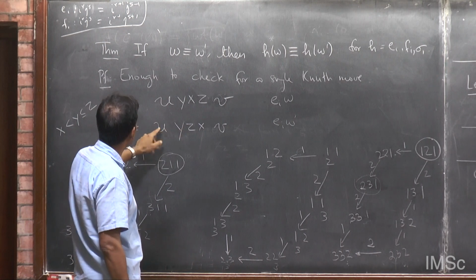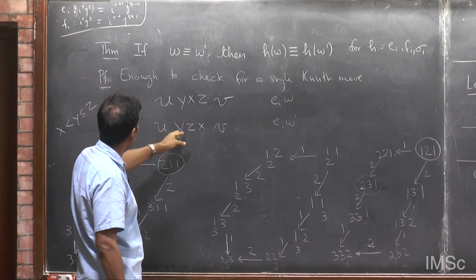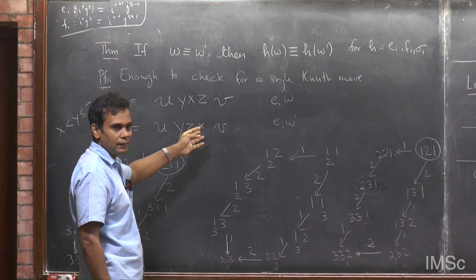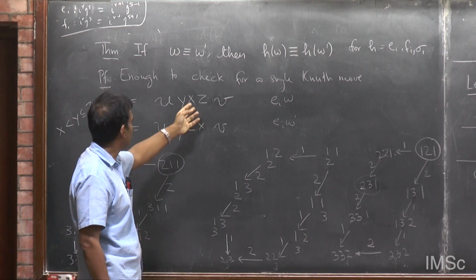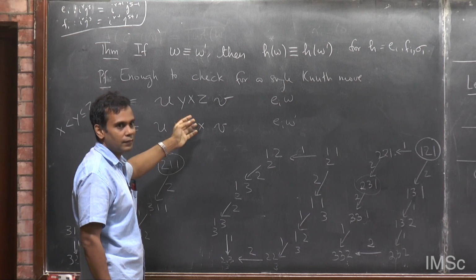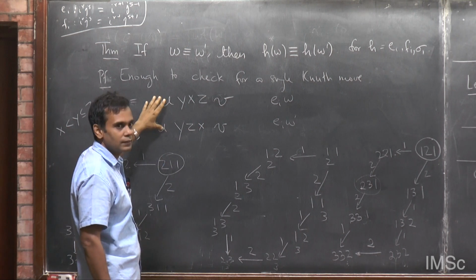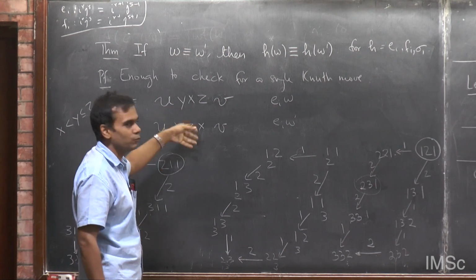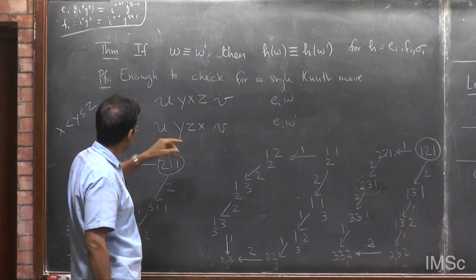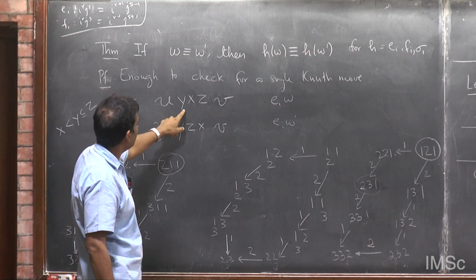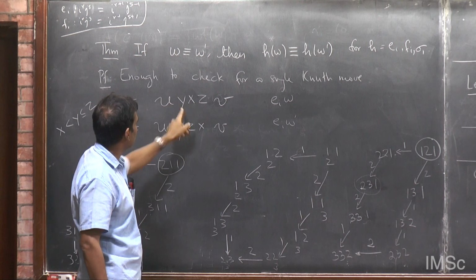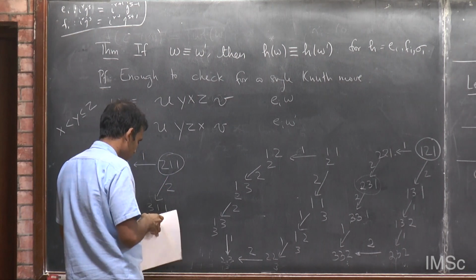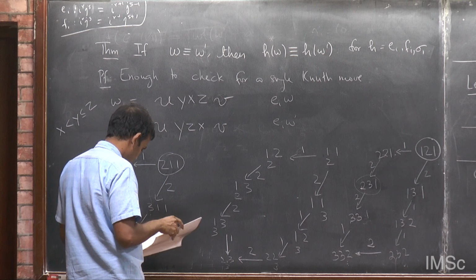If I or I plus 1 is not any of these letters x, y or z, then there is no problem, because it does not even affect this part and it just operates on the other parts, which are equal, and the same Knuth move applies on those. So the only issue is when I or I plus 1 comes from the letters x, y and z. You just have to work out a few cases, and I will just do a couple of these.